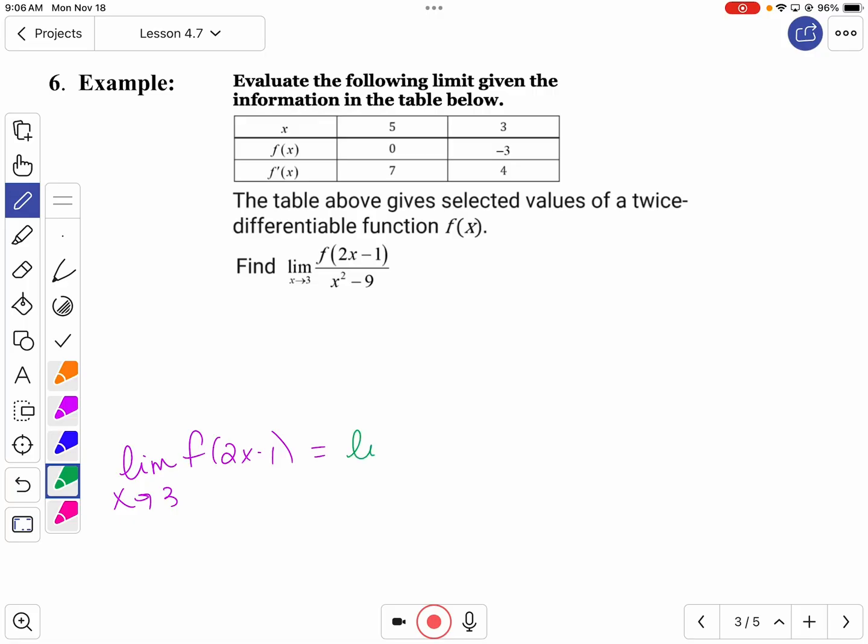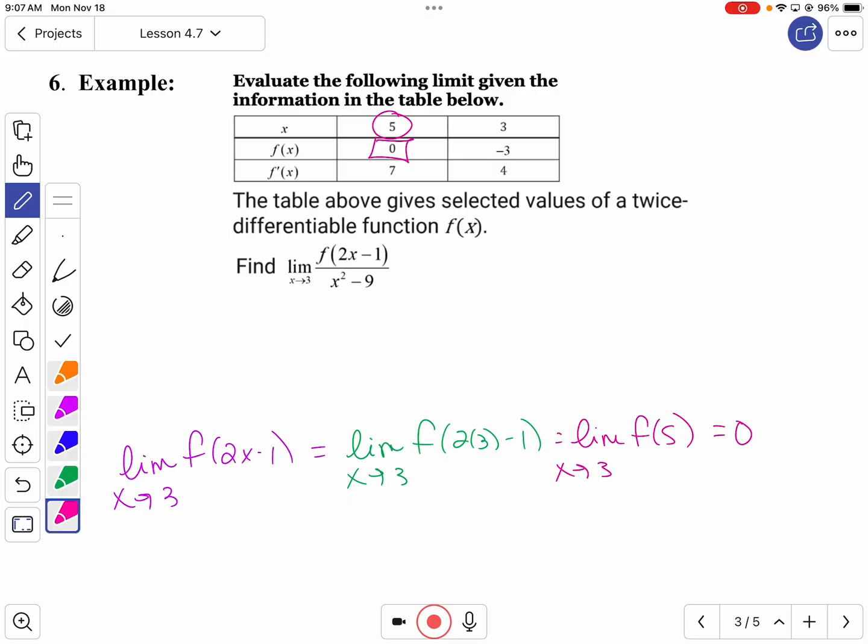That would give me the limit as x approaches 3 of f of 2 times 3 minus 1, which would be the limit as x approaches 3 of f of 5. And what is the value of that function at 5? It is 0. So that gets it.